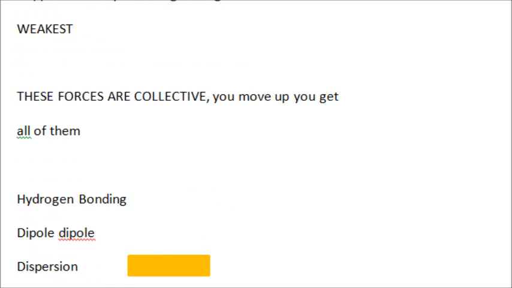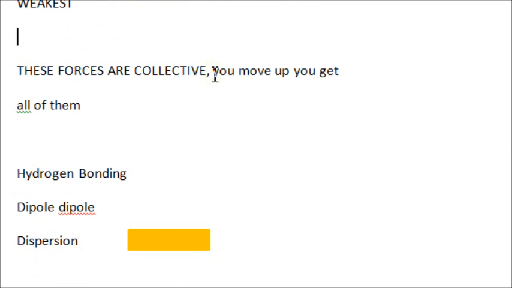Okay, now these forces are collective. Like, as you move up, you get all of them. What I mean by this is, say you have H2O. Is it a thing? Well, yeah, it's a compound. Alright, you've already got dispersion. Boom, you're there. You have dispersion forces, because it's a compound. Is it polar? H2O, yep, that's polar.